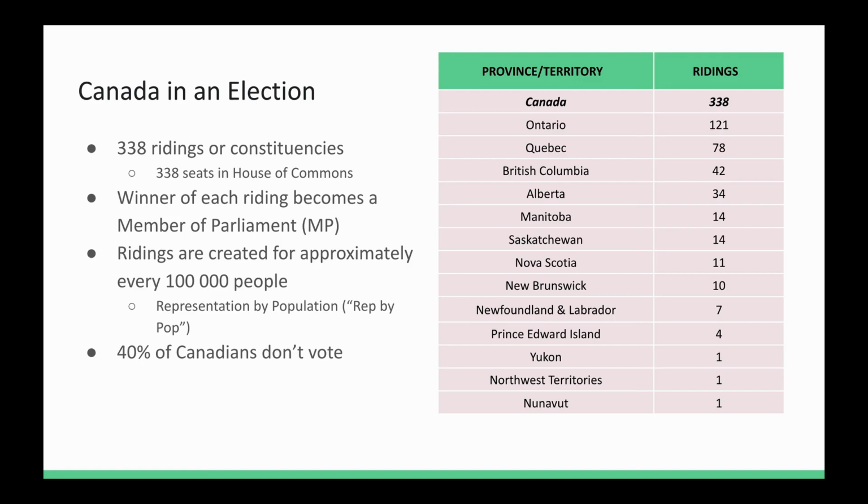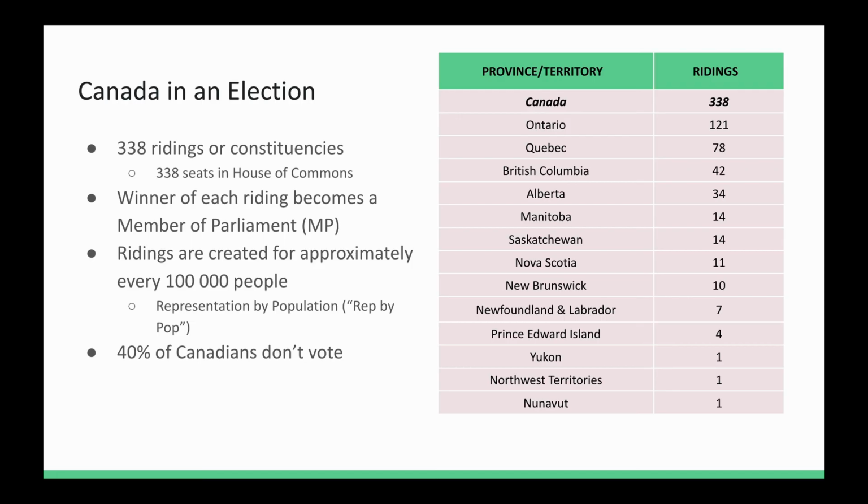Quebec, for example, has 78 ridings, whereas Ontario will have 121 ridings. Alberta will have 34. Each territory will have one member of parliament representing them in Ottawa. In total, we have 338 ridings.